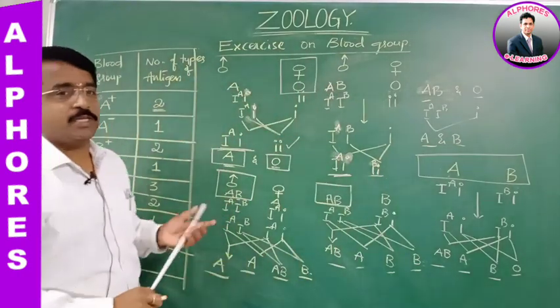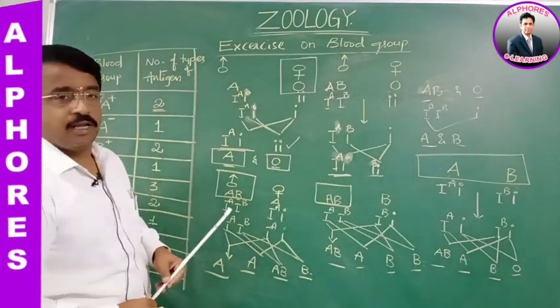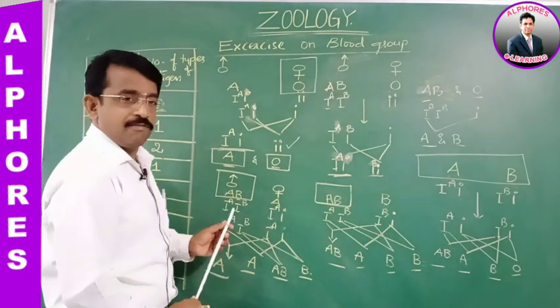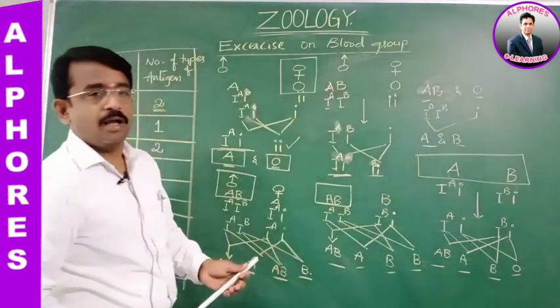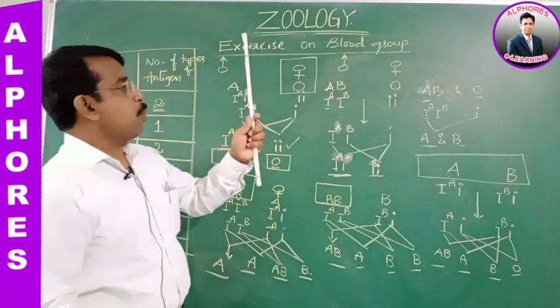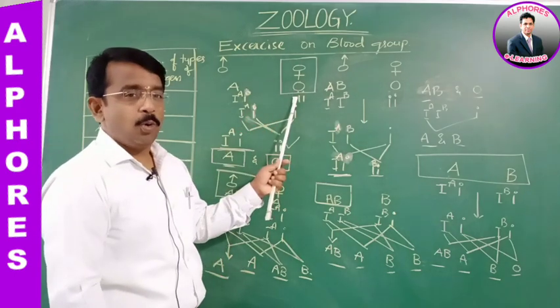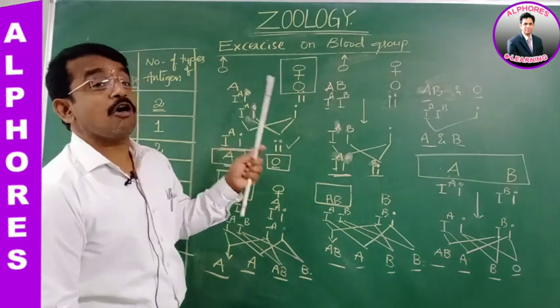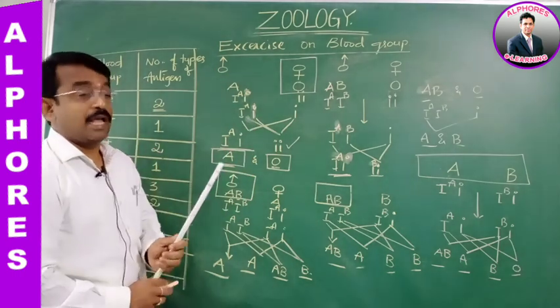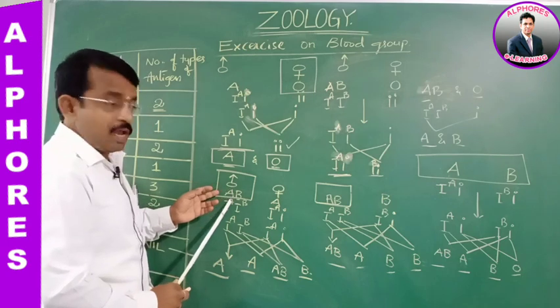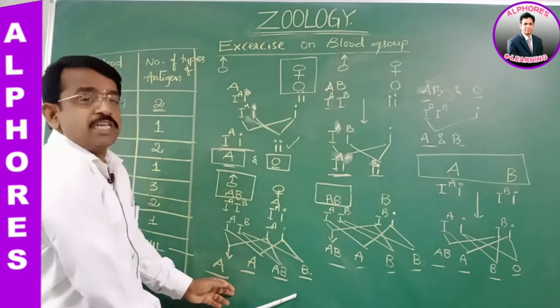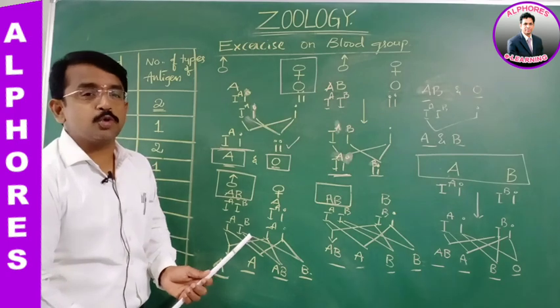So I repeat that in order to have the O blood group, there is a possibility that one of the parents is O and the other parent should not be AB. As I already told you, if one of the parents is AB, none of the progeny is born with O blood group.